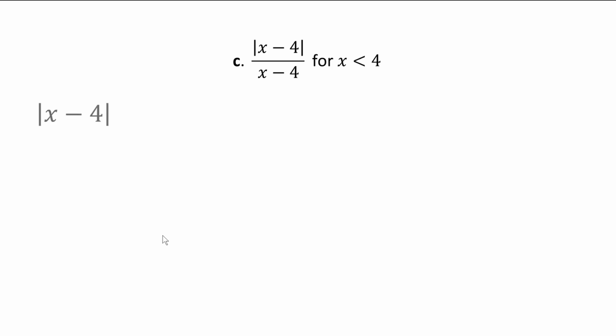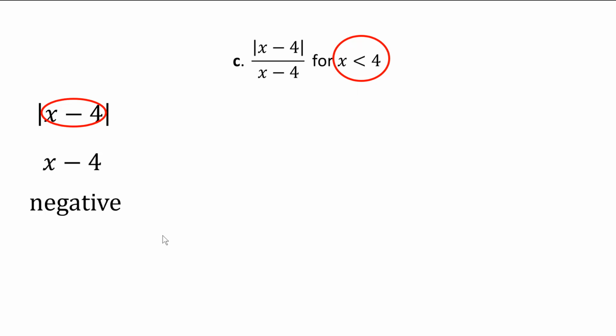So you'll have to look at x minus 4 outside the absolute value sign, and you'll have to say, is that positive or negative? Well, there's no way to know that except they tell us that x is less than 4. So if x is less than 4, then x minus 4 is negative. So we know that's a negative quantity, therefore its absolute value is the opposite of that stuff, x minus 4.